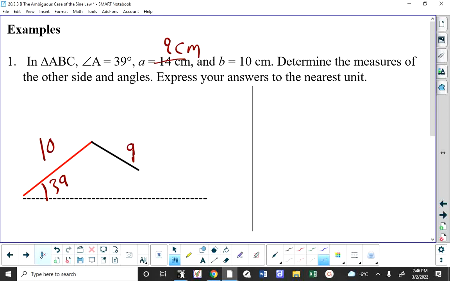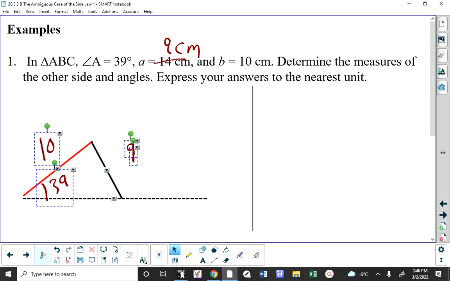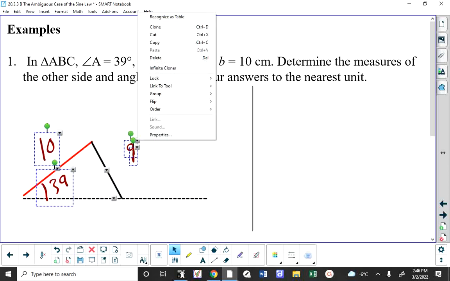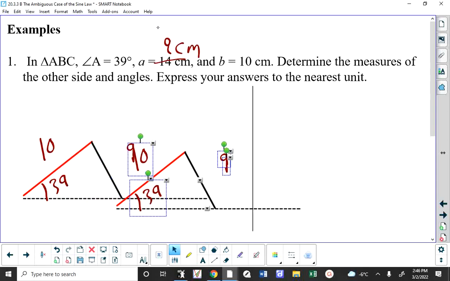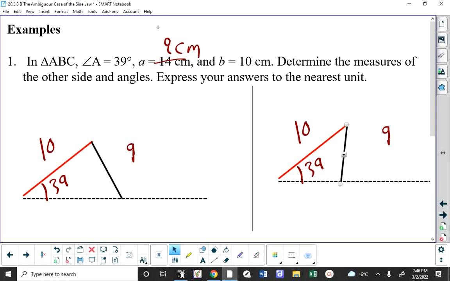I mean, you'd have to find the height, but I believe the height is going to be less than 9. So if that were the case and there were 2 triangles, then if I said solve for the missing pieces, you would need to solve both of those triangles. You would have 2 sets of answers.